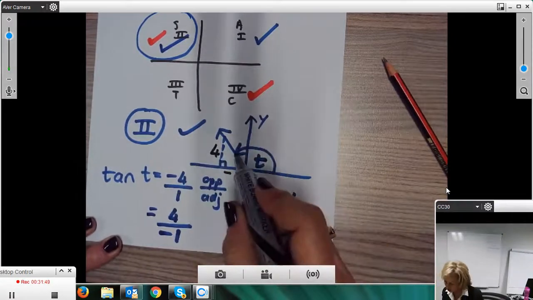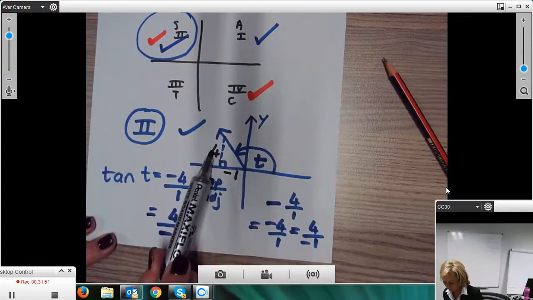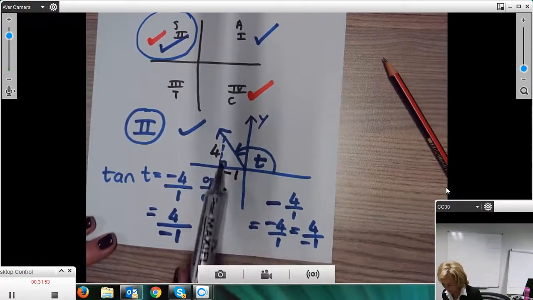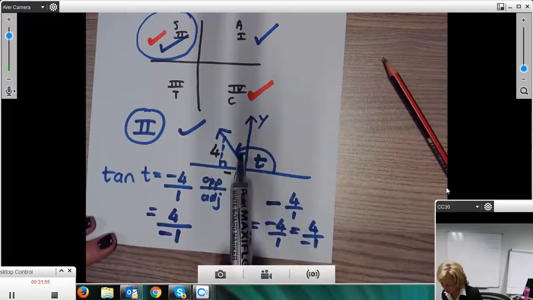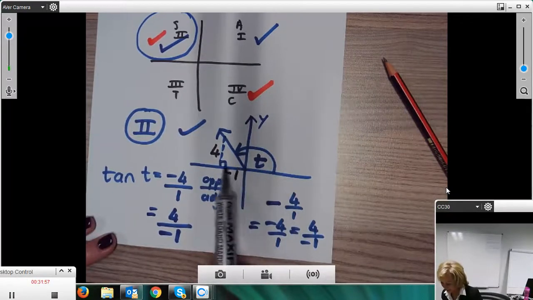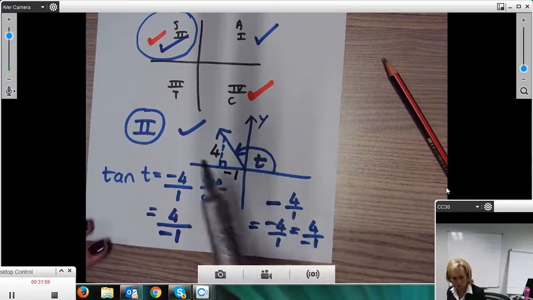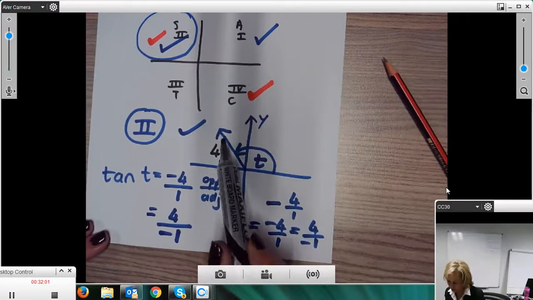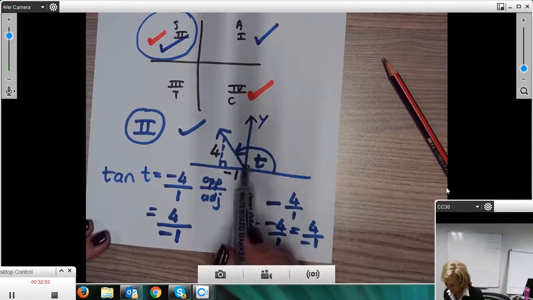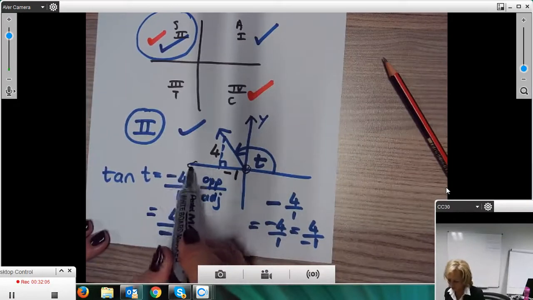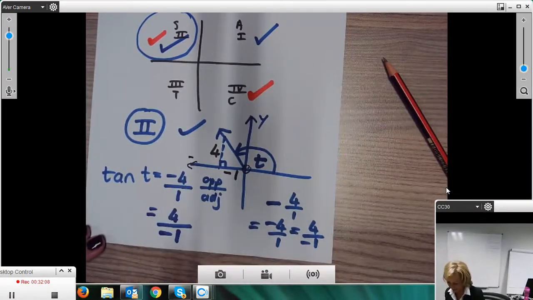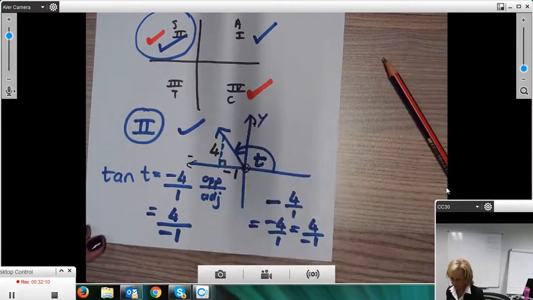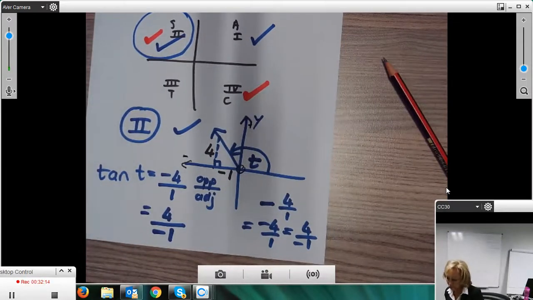So opposite to angle T is 4 units vertically, and adjacent to angle T is -1. We're on the negative x-axis. +4 for the positive y-axis, -1 because you're on the negative x-axis, and those are positive y's.